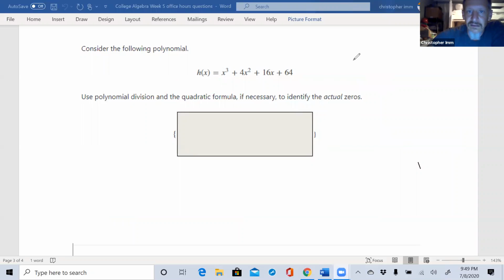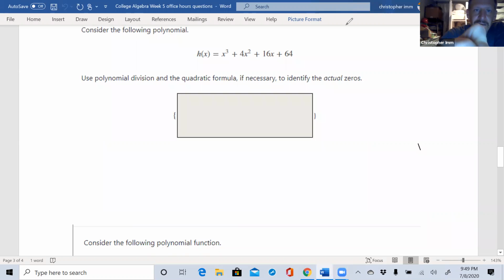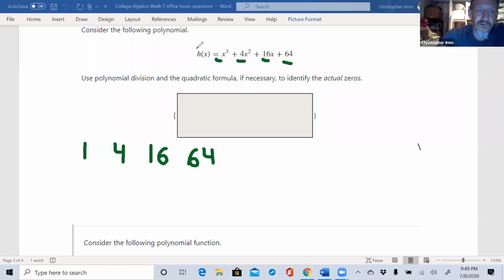Okay, so I take this polynomial and I'm going to write down the coefficients because I'm going to be using synthetic division. I'm writing down the coefficients in order, and I saw that -4 goes into it, so I'm going to synthetically divide by that -4.